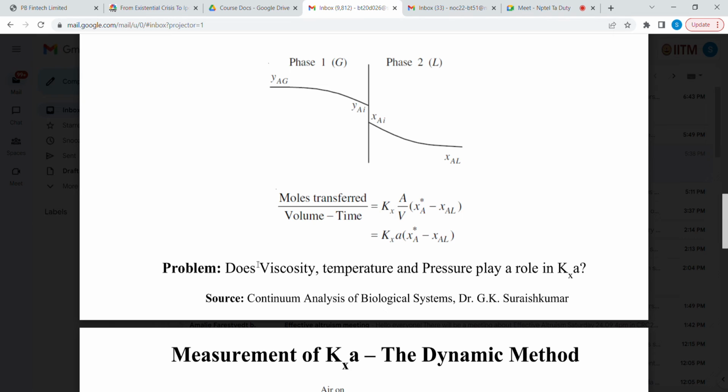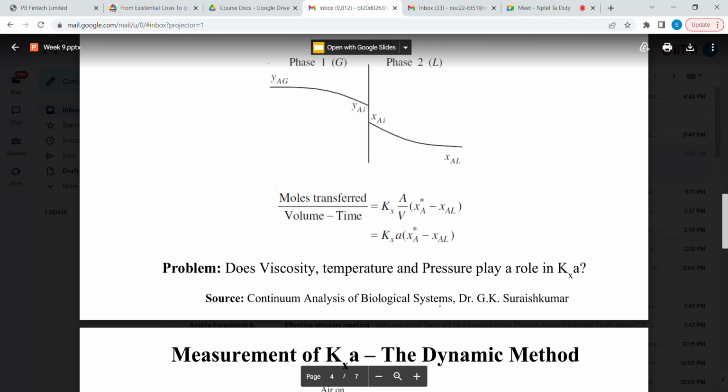I want you to visualize viscosity, I want you to visualize temperature, I want you to visualize pressure.